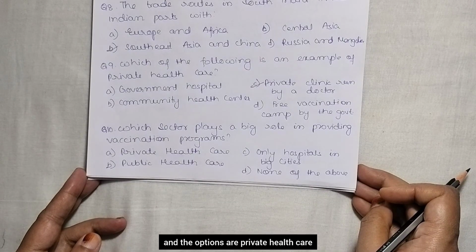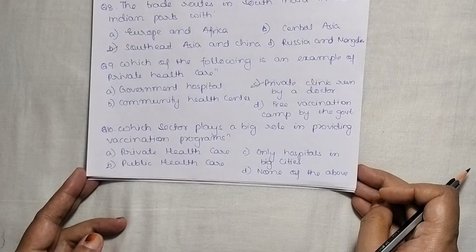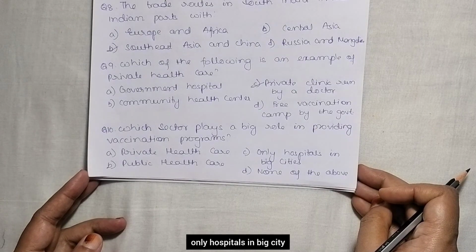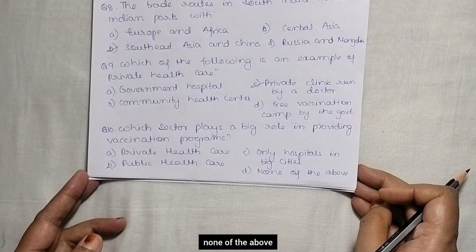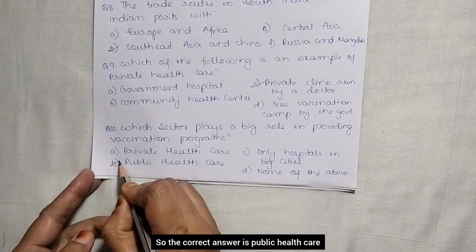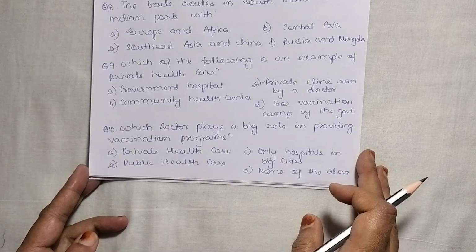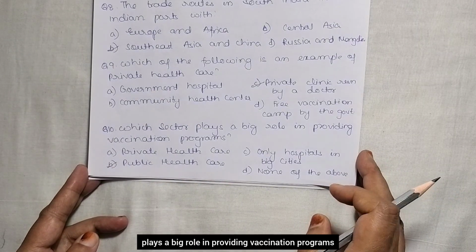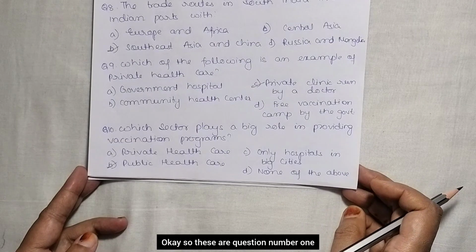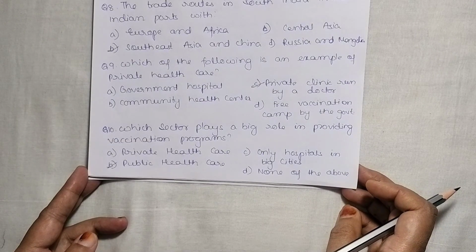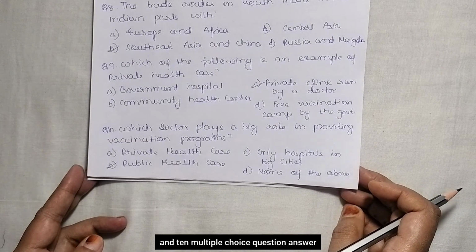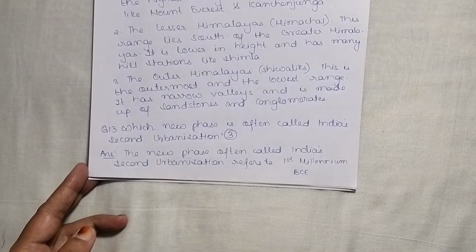The options are private healthcare, public healthcare, only hospitals in big city, none of the above. So the correct answer is public healthcare. Okay, so these are question numbers 1 to 10, the multiple choice questions. So let us proceed.